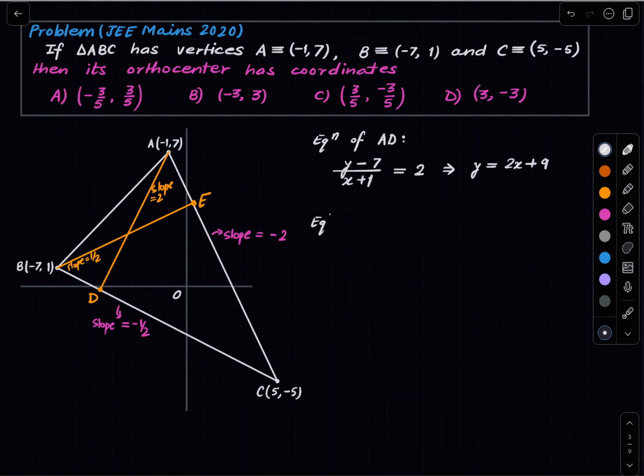And equation of BE, so that will be y minus 1 divided by x plus 7, because y minus 1 divided by x minus -7. This is the slope of BE, which is half. So that gives us y equals, or 2y equals x plus 9.